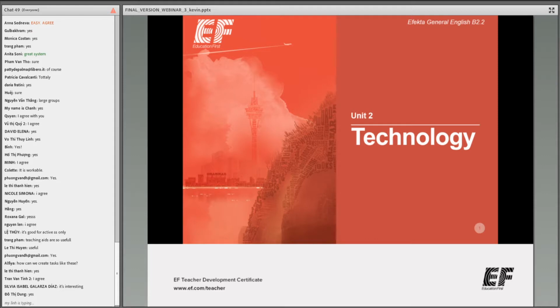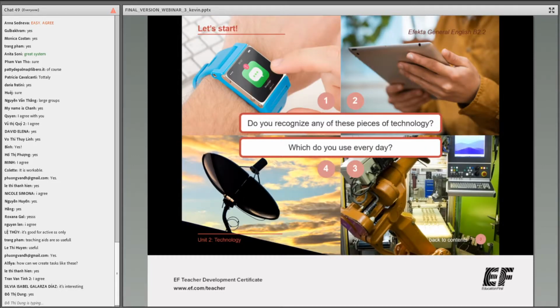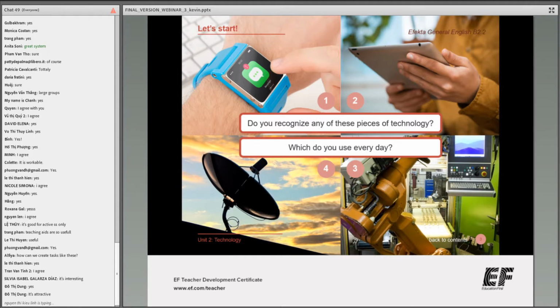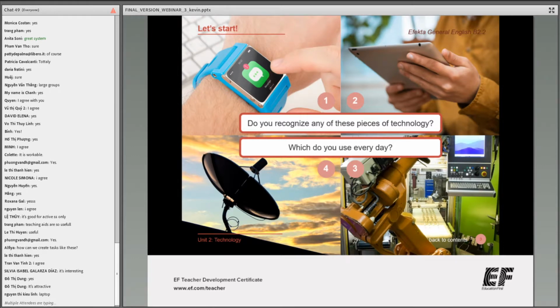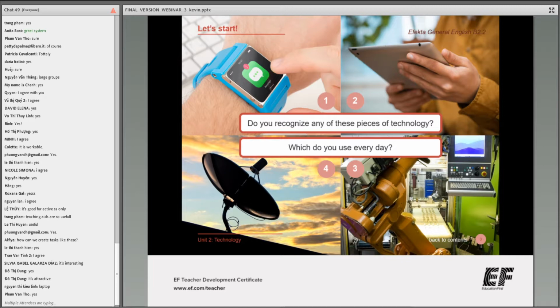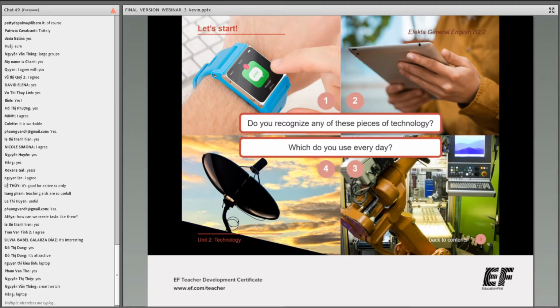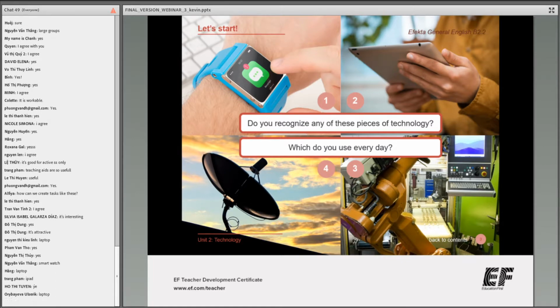This topic is catered towards a B2 level, so an upper intermediate class. And every week, there is a different topic. I just picked a topic that was about technology. So the teacher projects this presentation on the computer in the classroom. And as you know, many classrooms have a computer, have a projector where the teacher can project anything.